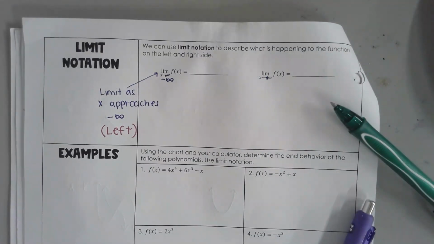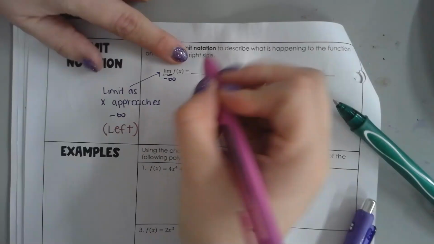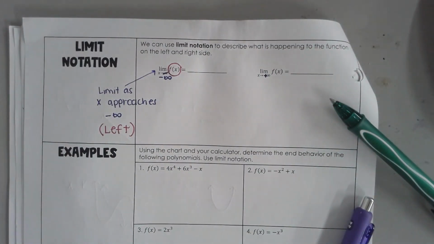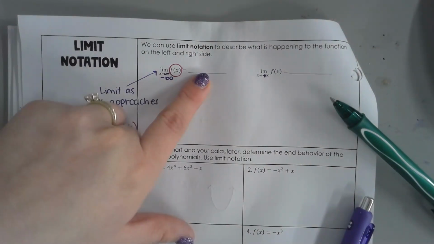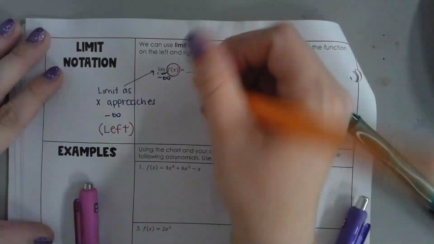If you think about an x-axis on a coordinate plane, if your numbers are going to negative infinity, that means they're going like -1, -2, -100. That's going to the left. Think of a number line. Then over here it'll say f of x, whatever your graph is, and we're going to tell what's happening there to the y's.